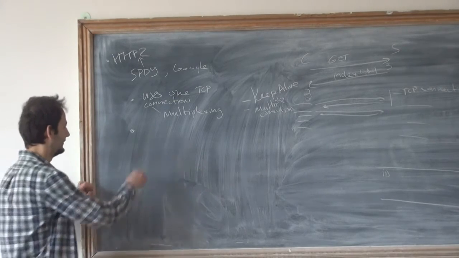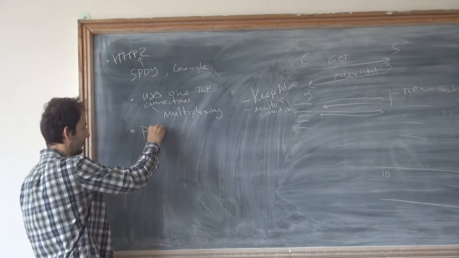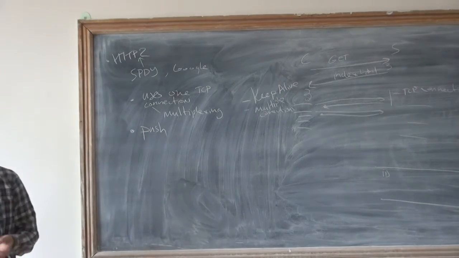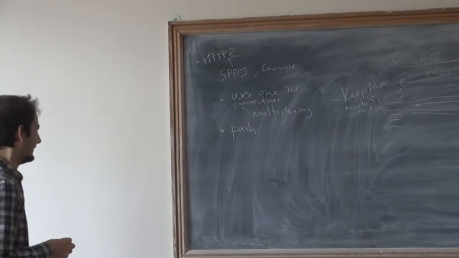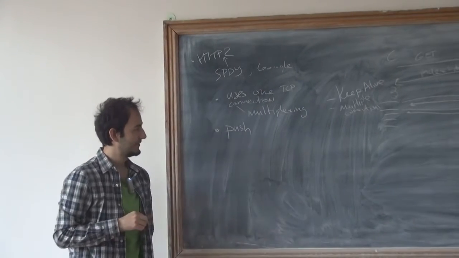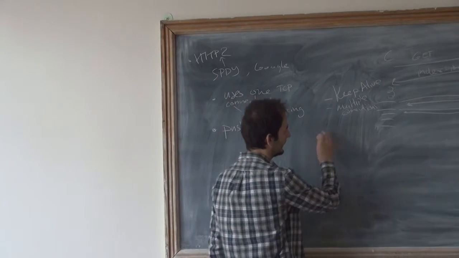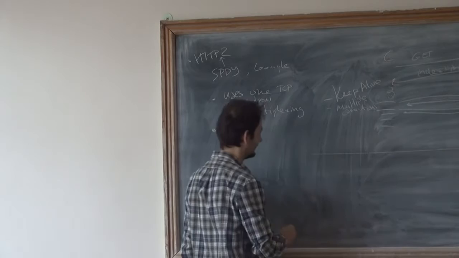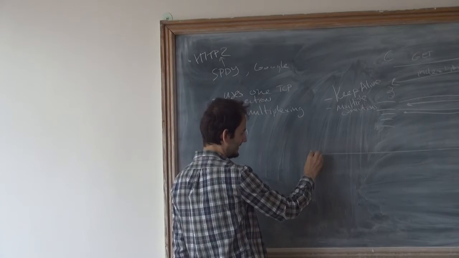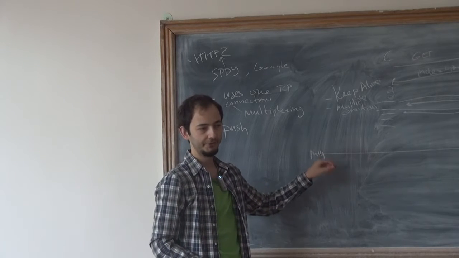Another benefit that this protocol gives us is what they call server-side push, or server push, or you can just call it push. And what it does is the following. Now, if you look at this thing on a single timeline, let's say this is how long it takes you to send your GET request.